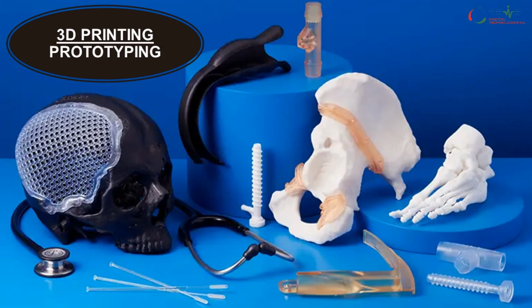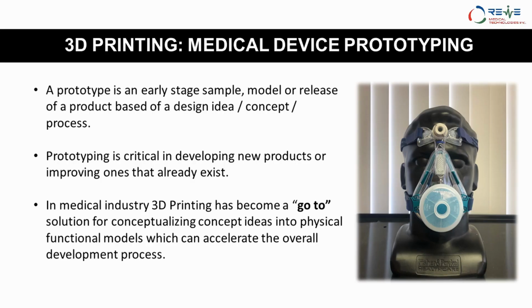Okay, so 3D printing prototyping. Now, this is a big domain that 3D printers are being used in. Different printers are used for different applications here. You can see a couple of concepts over here. There's a laryngoscope, there's a skull bone implant over here. There's a foot model, there are screws and nuts and those concepts as well, which can be modeled from this concept.